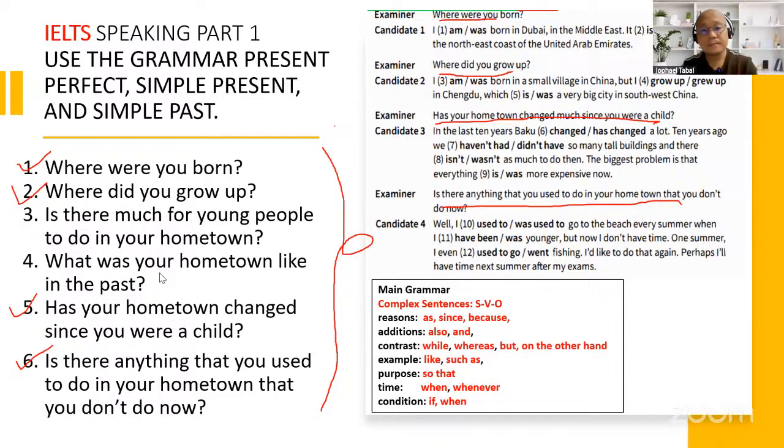Okay. Tom, you finished, Tom? Yes, teacher. So Tom, where were you born? I was born in Vĩnh Hospital, and I have grown up in my hometown. And has your hometown changed since you were a child?